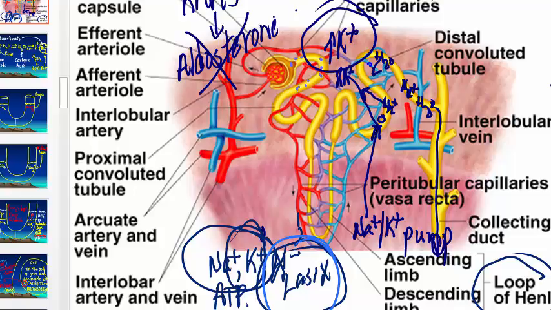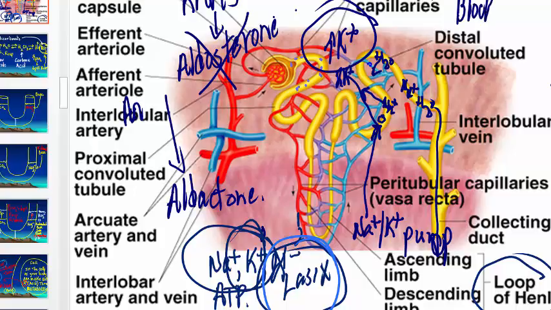The other thing that spironolactone, aldactone, does is it blocks androgen receptors.